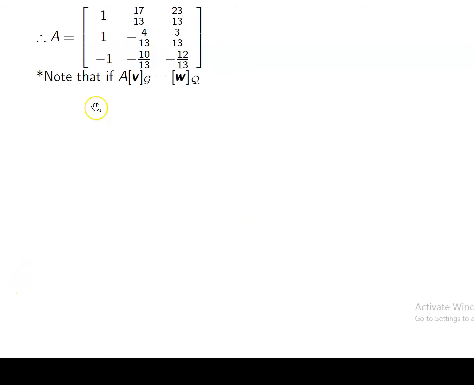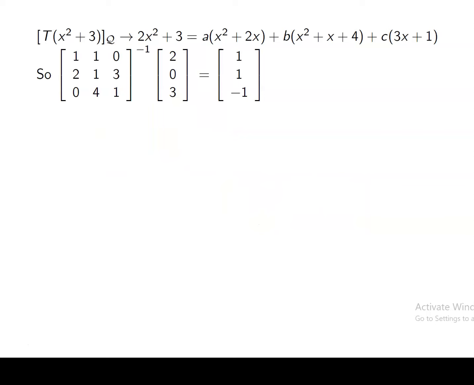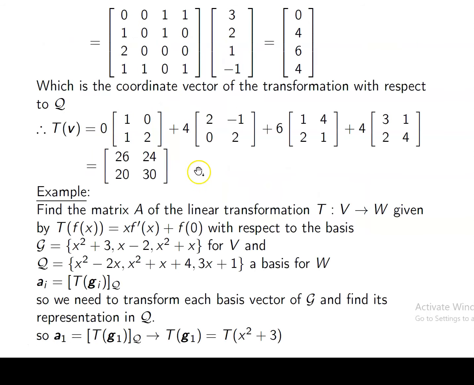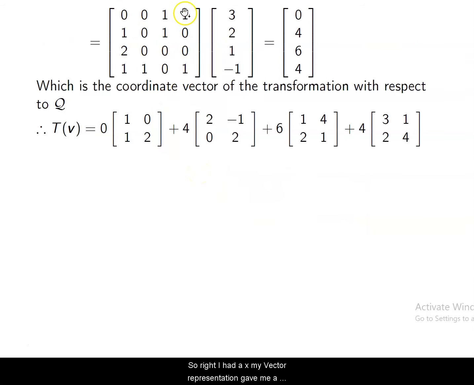All right. So note that if A times VG is WQ, right? So I'm going to multiply this out. I'm going to get a vector in Q, right? That's what happens when, let's see, if we go back a couple examples. Okay, so right, I had A times my vector representation gave me a vector out in Q, and that vector I got was T of V in terms of Q, right?